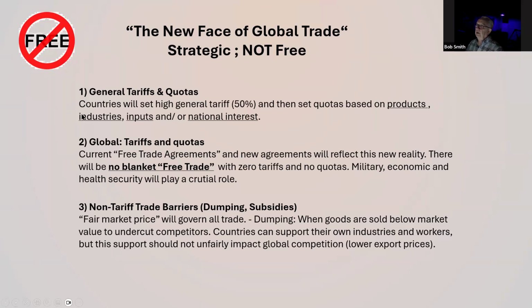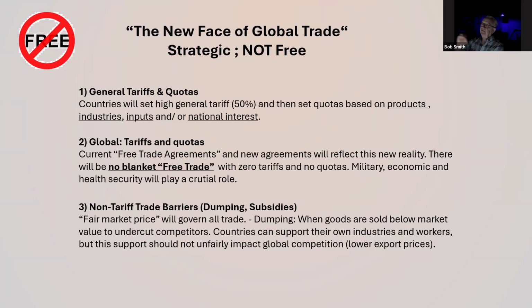Now, in a couple of slides, we'll get into this makeup and how the World Trade Organization will look at it. But what I'm looking at is general tariffs and quotas. Countries will set high general tariffs, let's say 50%, and then set quotas based on products, industry, input products, or national interest.